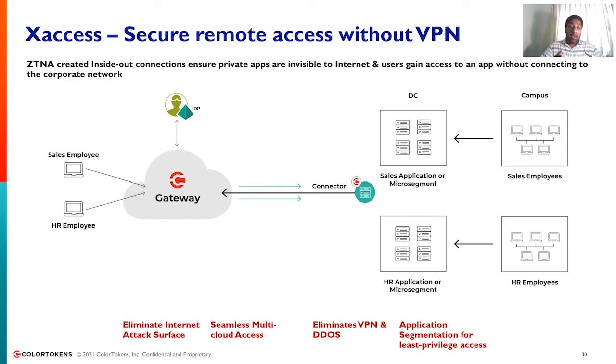So we have to ensure the right users are accessing the right application within the organization. By having ColorToken X-Access, we can define different policies, and it is also dynamic in nature since we have control over the data center application itself, since we have the ColorToken X-Shield component within the data center.